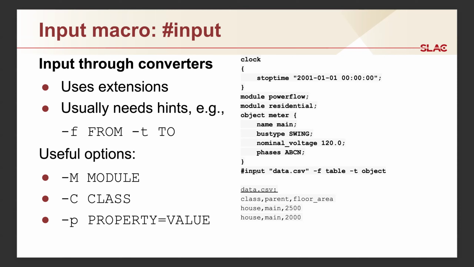And so the result of this would be to create two houses on this meter that are 2,500 and 2,000 square feet, and basically connected to the meter. So this is the way that we can provide very large models as CSV files and create fairly complex models quite easily.